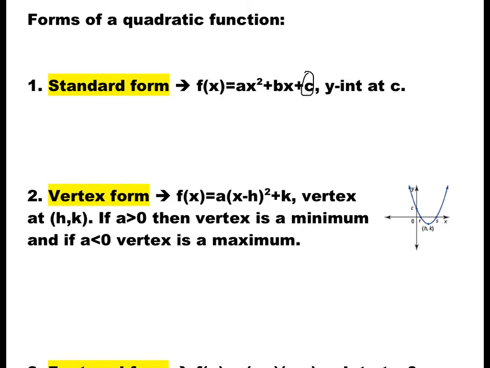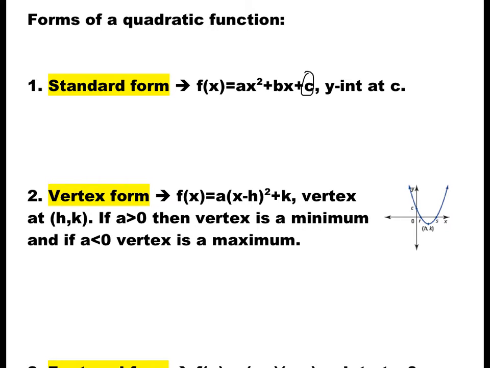One thing that you have to remember is that the formula is in the form of x minus h. So what you have to do is flip the sign of h to get the x coordinate of the vertex, and k is the y coordinate of the vertex.